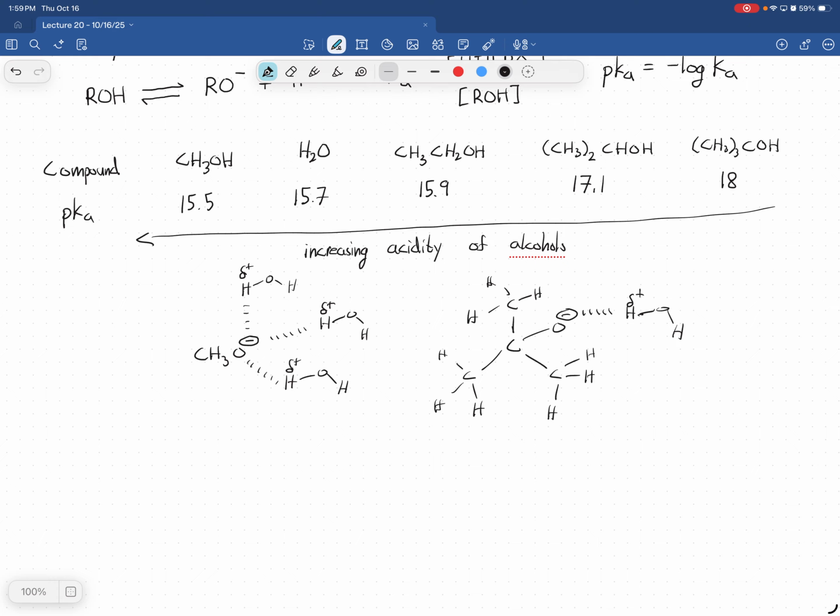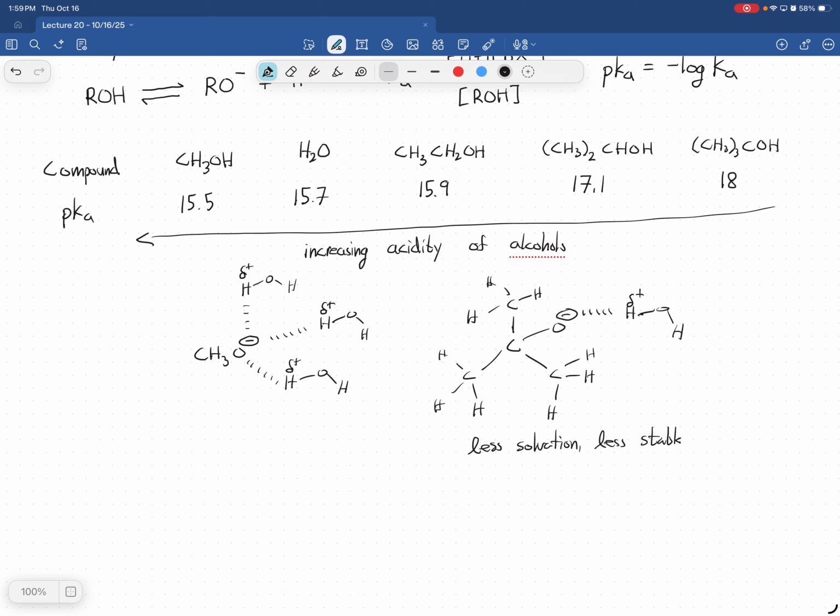So it's not going to be as surrounded by solvent, so it's less stable. So less solvation, less stable.